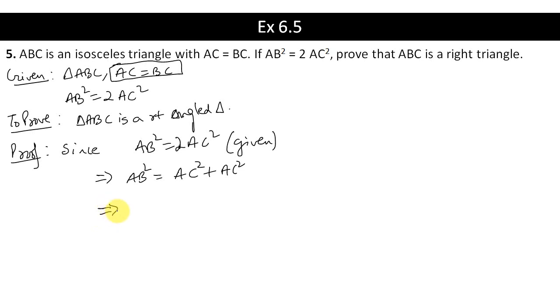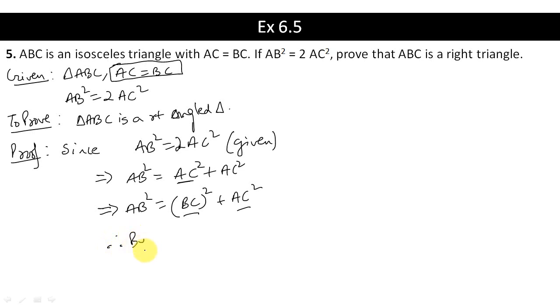So I'll replace one AC by BC. This will be BC square plus AC square. So as you can observe, the sum of the squares of two sides, here AC square and BC square, is equal to the square of the third side, AB square.